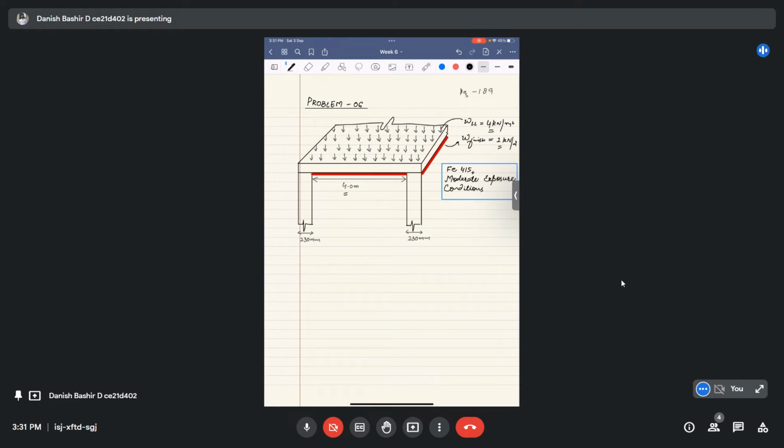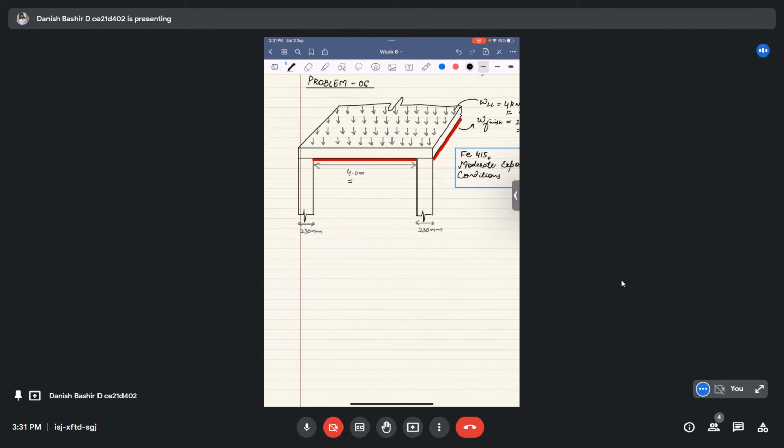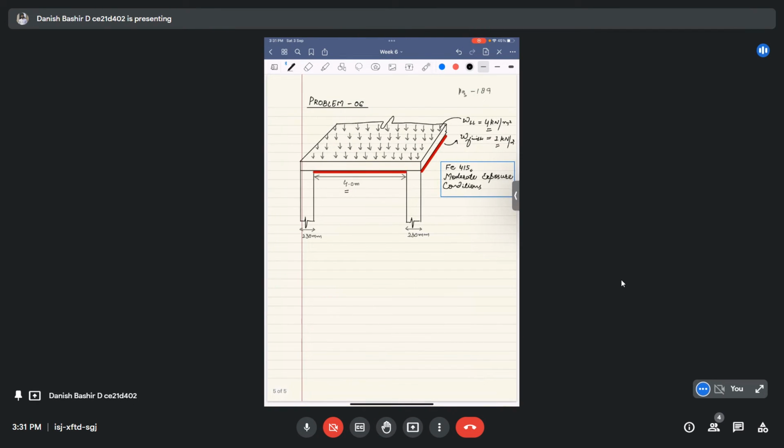First, we will assume the effective depth of our slab system. There is a thumb rule for assuming the effective depth: 1/25th of the clear span. This is just a first assumption for our effective depth, because later on we will modify it as we proceed in our design.